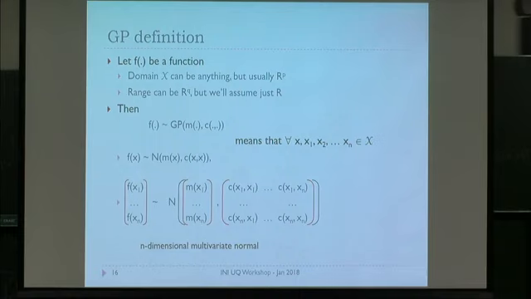So we get an n-dimensional multivariate normal. And the definition of the Gaussian process is that this is true no matter how big n is. That's the natural extension from finite dimensions to the infinite dimensional function space of a Gaussian distribution.